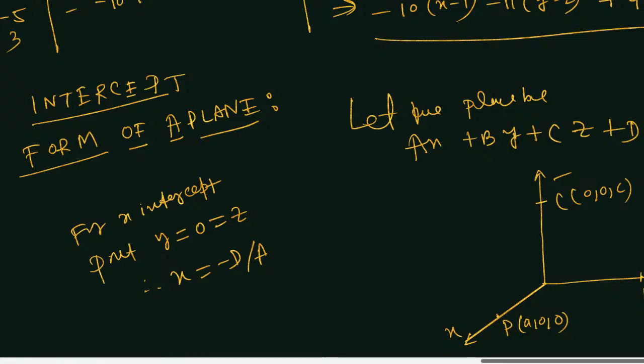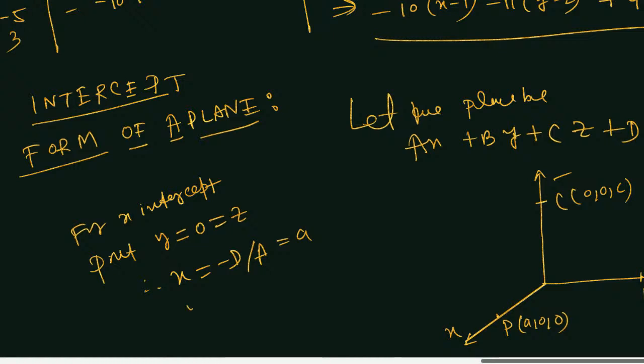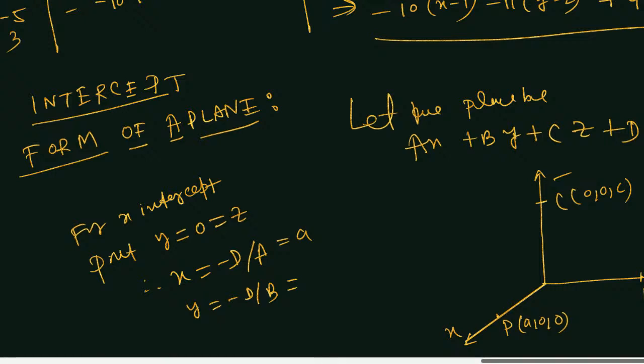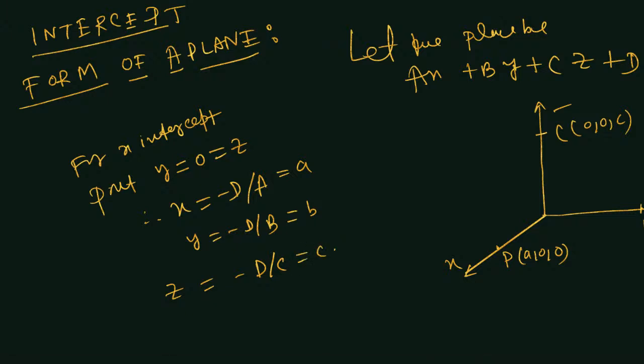Similarly, you put x equal to 0, z equal to 0, y will be what? Minus d by b. And z is what? Minus d by c.